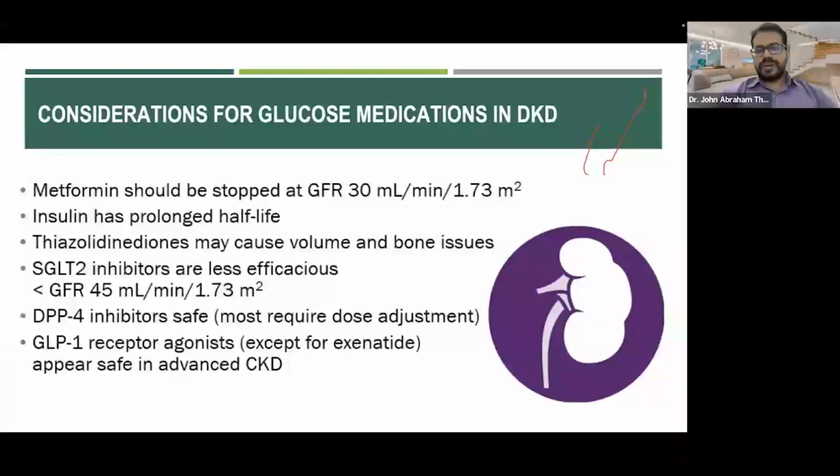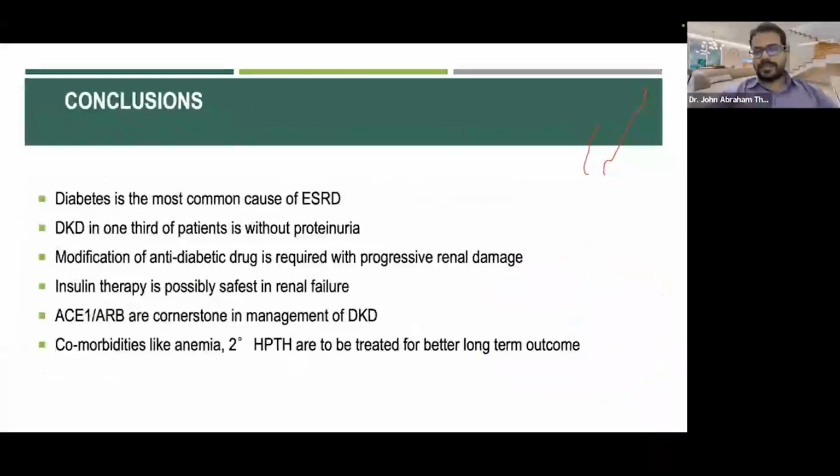SGLT2 inhibitors are less efficacious, but now we have studies; when the eGFR is less than 45, they become less efficacious. DPP-4 inhibitors are safe, and most of them require dose adjustment. GLP-1 receptor agonists are also safe in advanced CKD, except for exenatide.